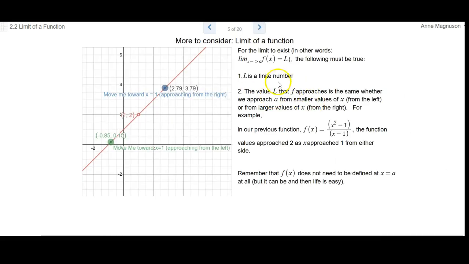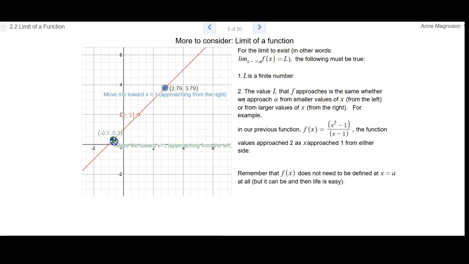So a couple of things we need to know about limits. In this definition, this value of L has to be a finite number. So if a function's value is approaching infinity, that limit doesn't really exist. It has to be a finite number to say that the limit exists.